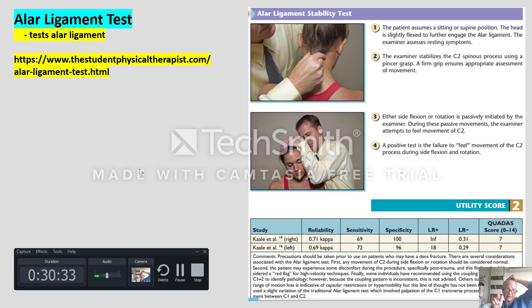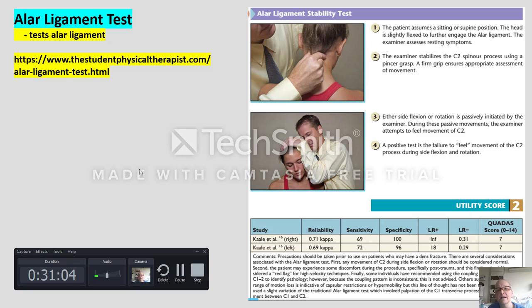So you have your pencil grip right on the C2, and either rotation or lateral flexion, to feel movement of C2. A positive test is the failure to feel movement of the C2 process during side flexion and rotation.